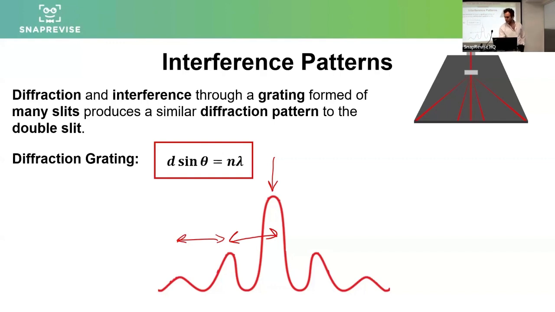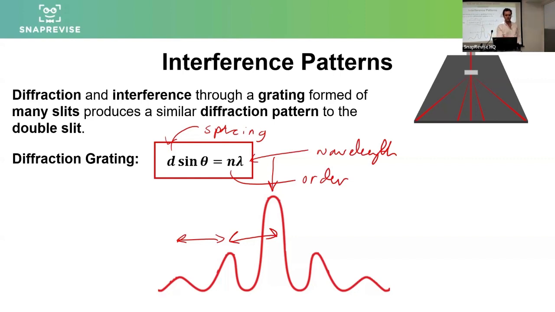d is the spacing. n is the order of the fringe. So you can set it equal to 1 and you'll calculate the first fringe, except the central one. Lambda is wavelength. And then theta is the angle at which you will find that maxima.